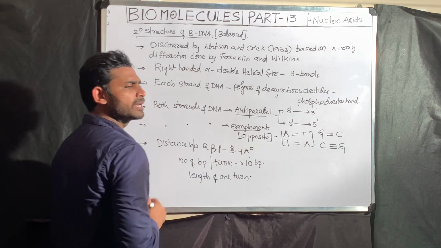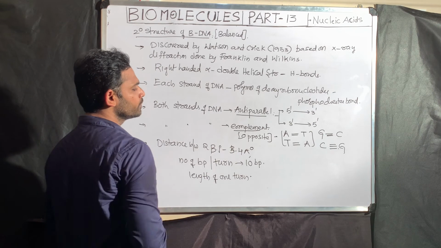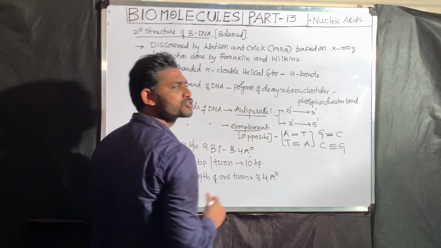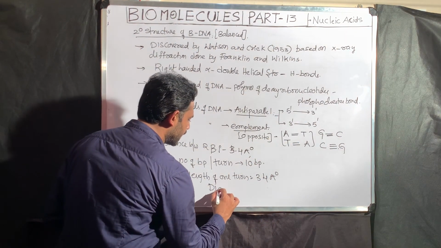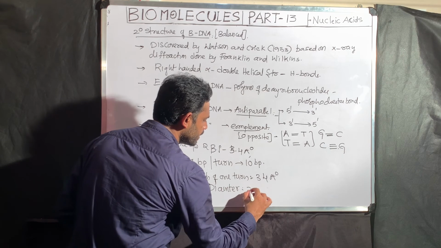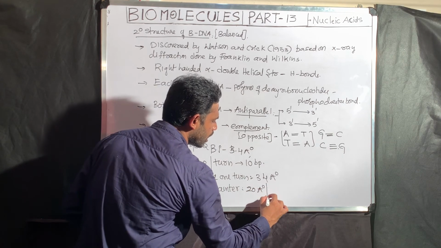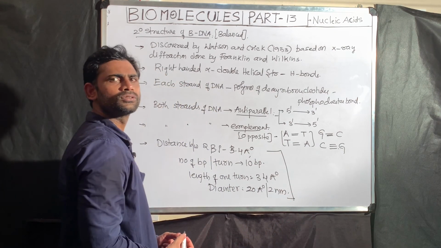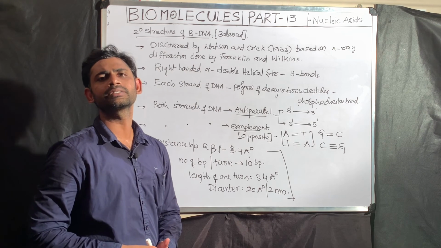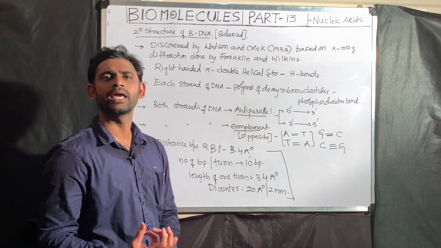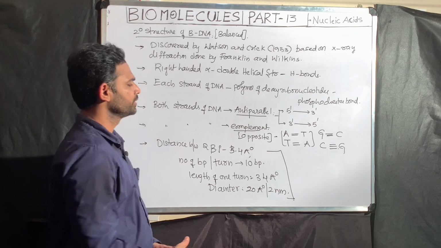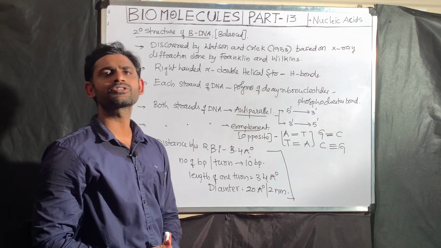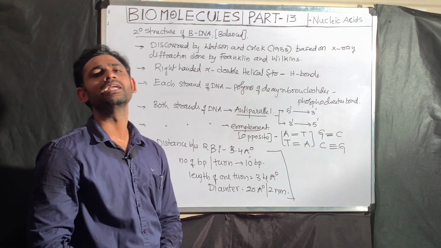So one turn consists of 10 base pairs, and with 3.4 angstrom between base pairs, the length of one turn is about 34 angstrom. The next one, the diameter of B DNA, is about 20 angstrom or 2 nanometer. These are the standard dimensions of B DNA. Each DNA has its own specific dimensions. This is all about the secondary structure of B or balanced DNA.